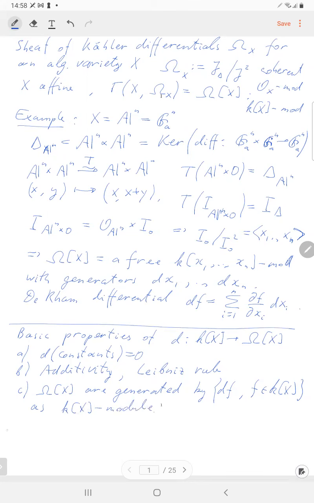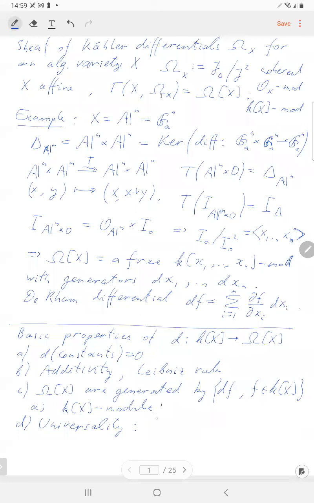Okay, and the last property we're going to prove right now is as follows. It's some universality property, very useful. We will use it today for the whole day. It's the universality of the Kähler differential.